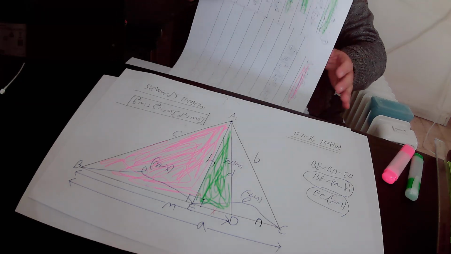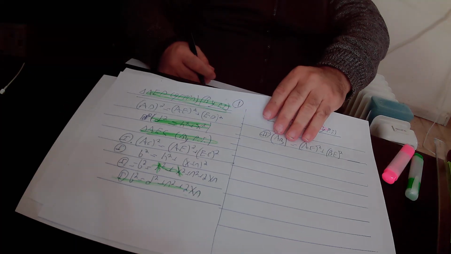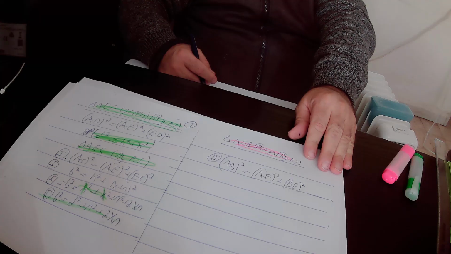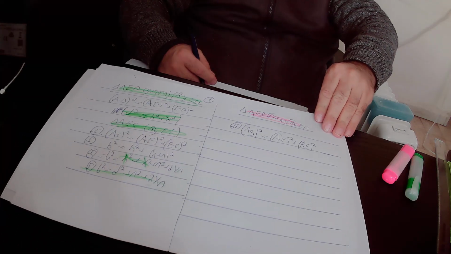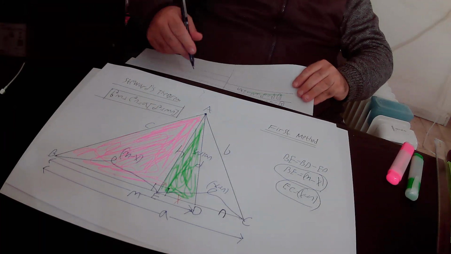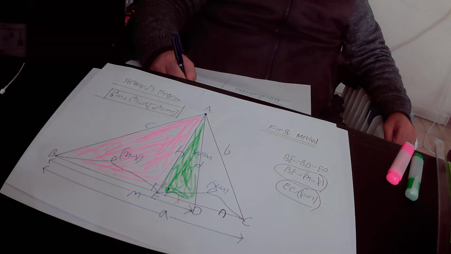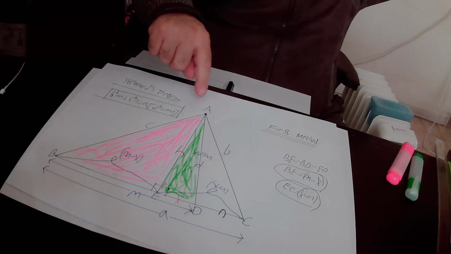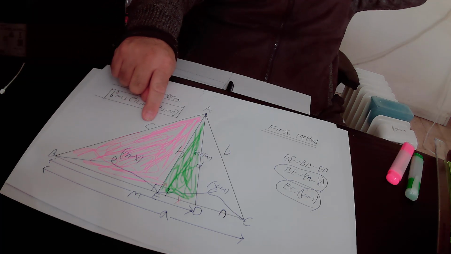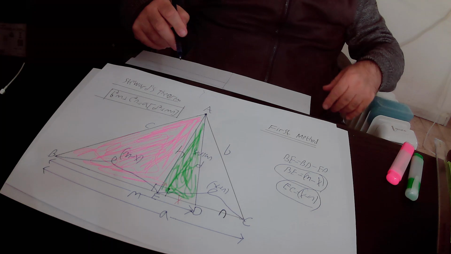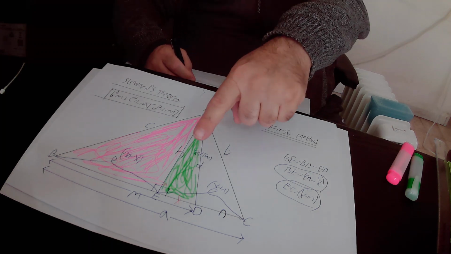Repeat again, on the right pink triangle AEB, according to the Pythagoras theorem, AB squared equals AE squared plus BE squared. This is equation number 2. So here AB equals c, therefore AB squared equals c squared, and it is equal to AE squared.